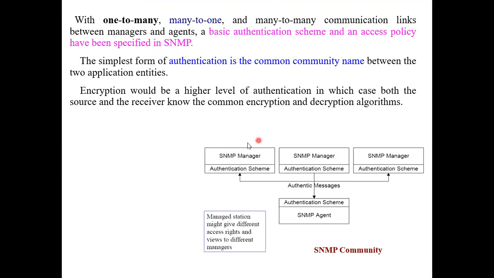Now see, this manager might ask some data from the agent. This manager will also ask some specific data from this particular agent. And this manager is also asking some data from this agent. Now, suppose the second manager is asking some data which is actually required by the first manager.